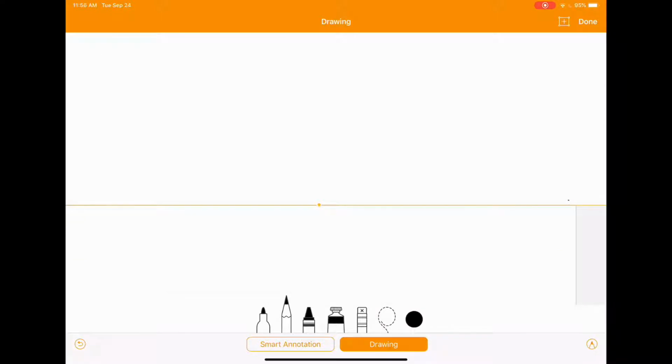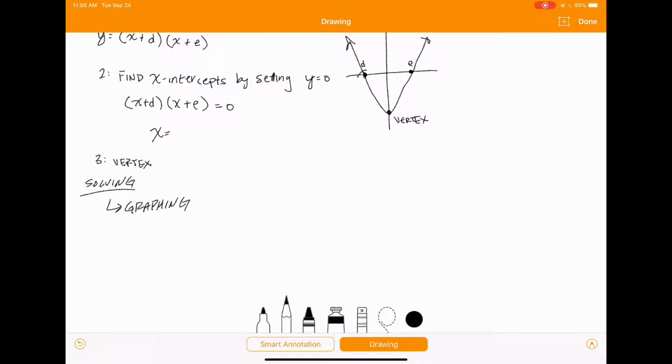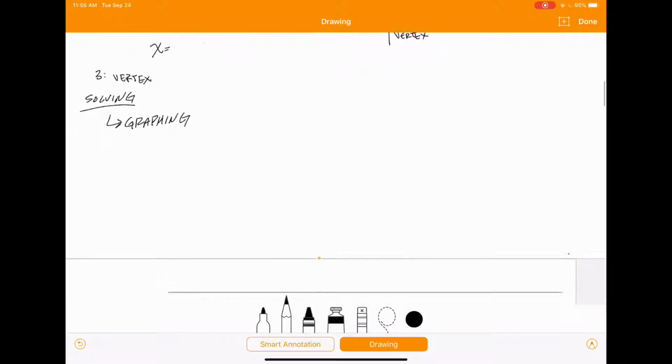All right, so now let's talk about solving quadratic equations for a little bit. There are a few different methods you can use. The first one would be by graphing. And your solutions are actually where it crosses the x-axis. So in that case, D and E would be your solutions.